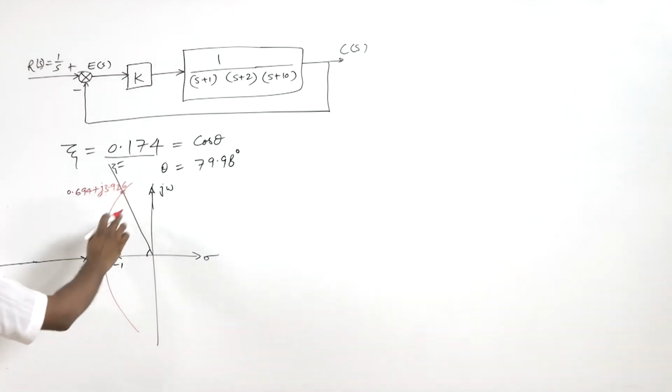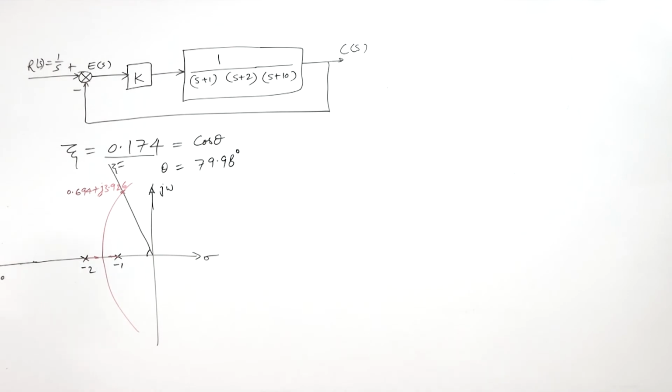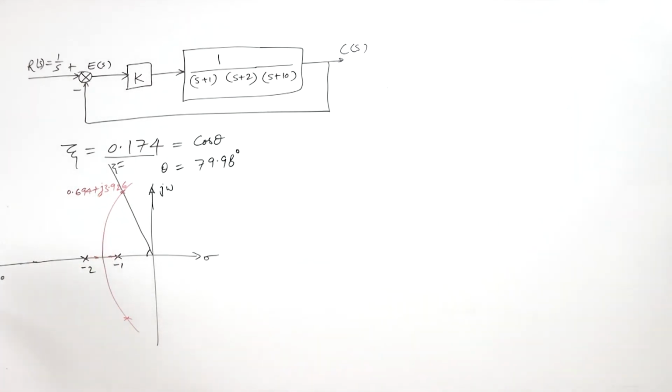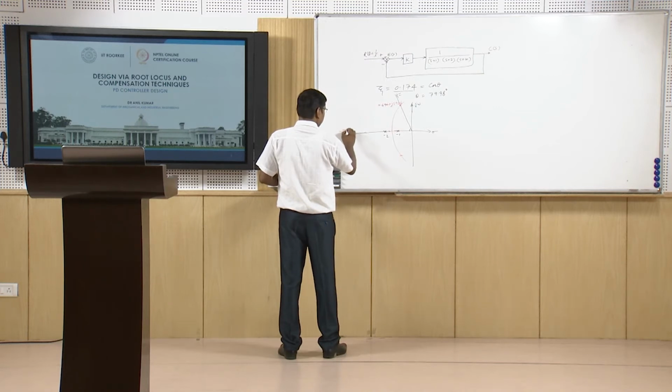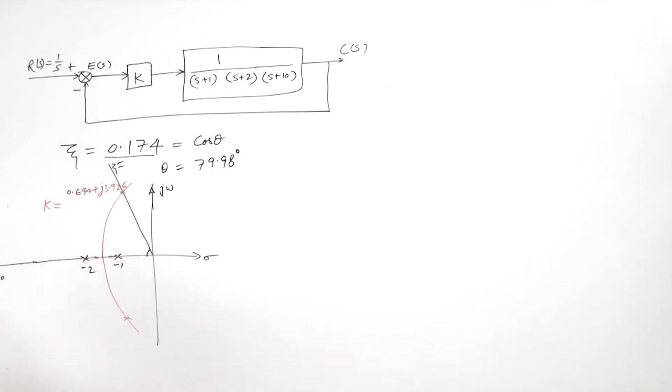So we are getting this point -0.694 plus j 3.926, and similarly the other point will be here, with minus j 3.926, and the third point we will get here, that is -11.61. The gain for which this point is on this damping line, K, is 164.6.